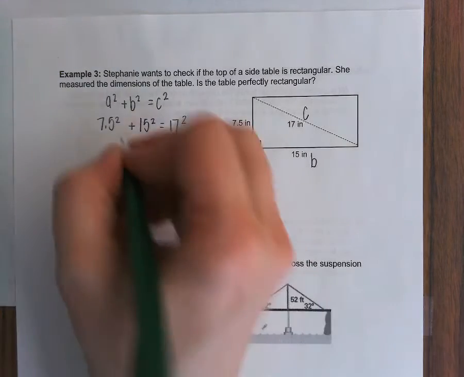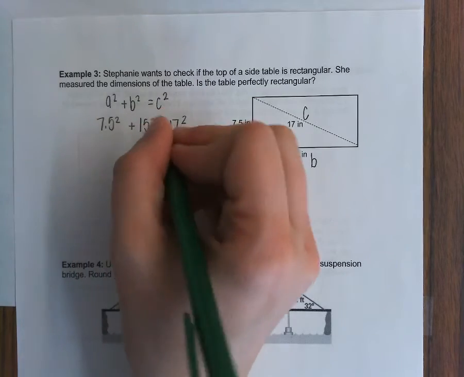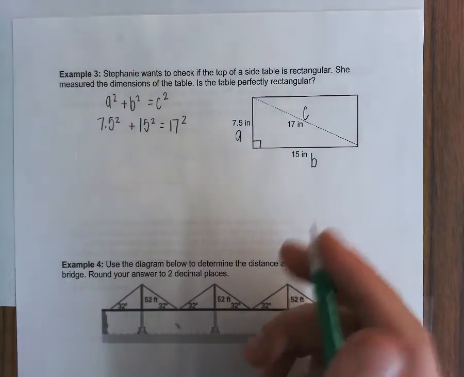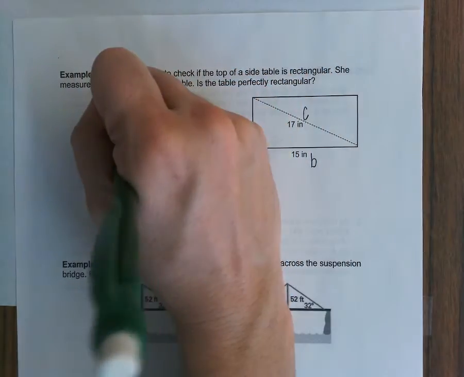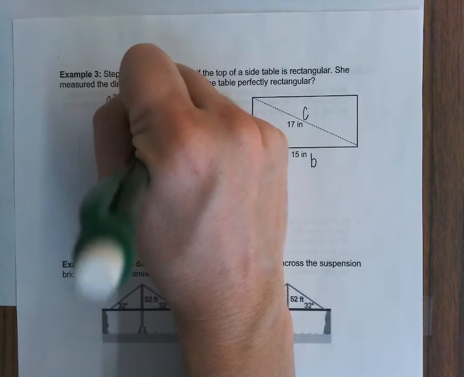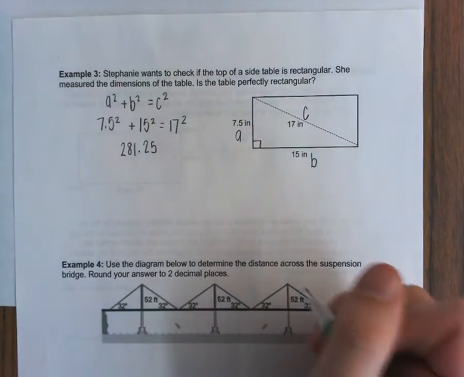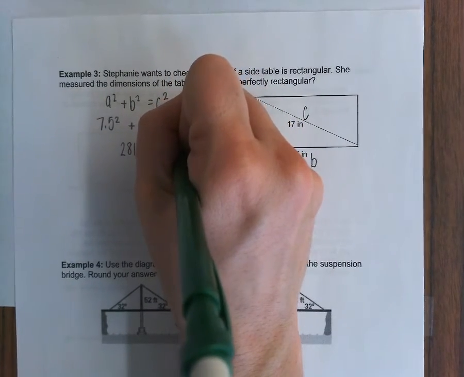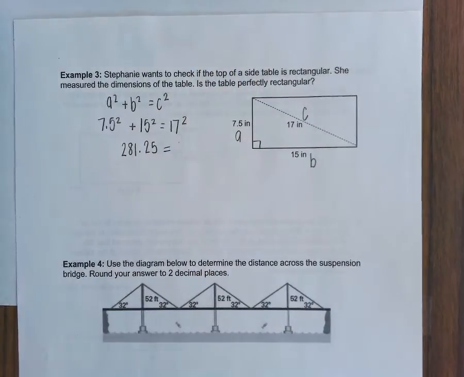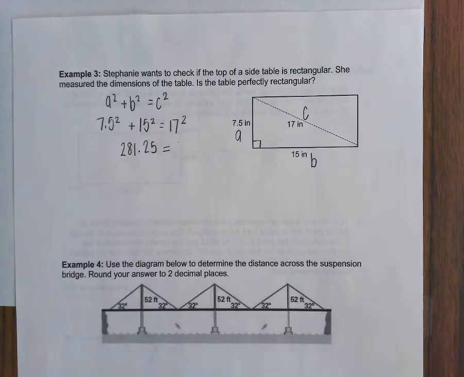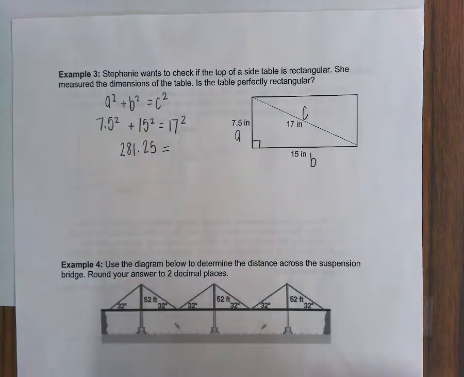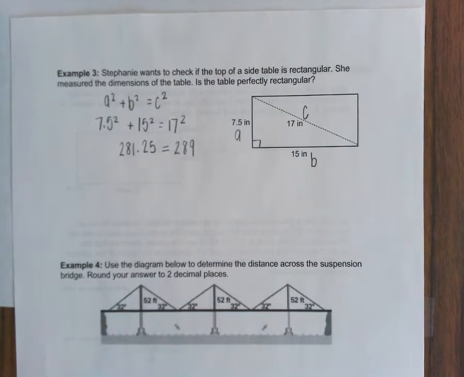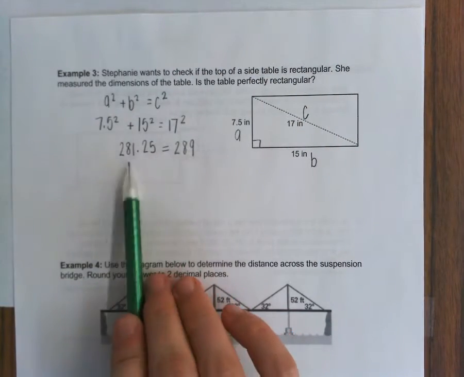When you do 7.5 squared plus 15 squared, the result is 281.25. And we want to know if that is equal to 17 squared, which is 289. So at this point, you can see that these two sides are not equal.